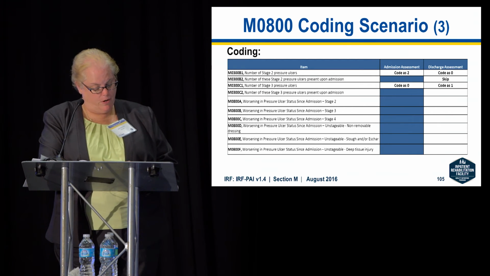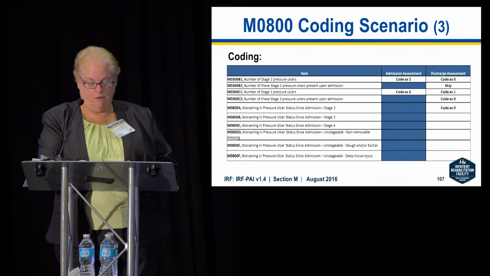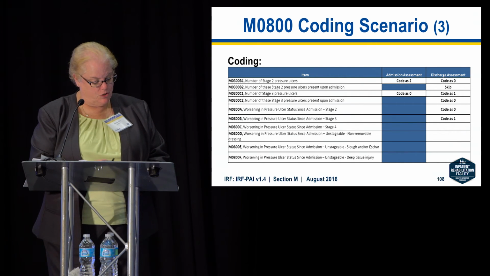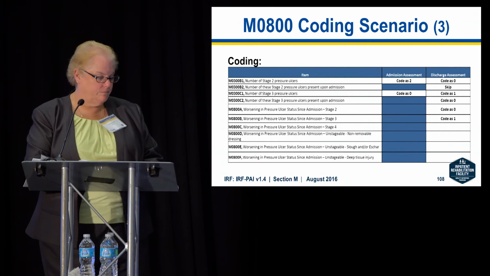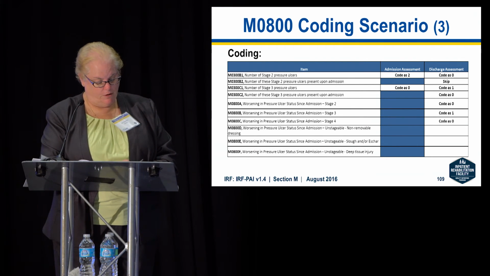Okay. How about any new worsening stage 3s? Zero. Okay. Worsening in pressure ulcer status since admission stage 2. Okay. Worsening pressure ulcers since admission stage 3. Okay. I'm sorry, I'm getting ahead of myself.